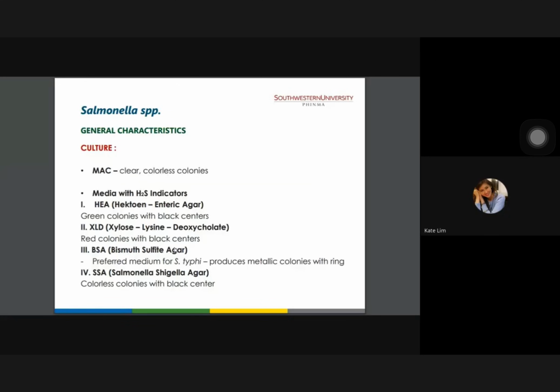The colorless appearance of your Salmonella distinguishes it from other bacteria that might produce colored colonies. But for your Shigella, you would know that there is no black center because Shigella is not a hydrogen sulfide producer. So it cannot produce hydrogen sulfide. So in your SSA, colorless colonies with a black center would be your Salmonella.